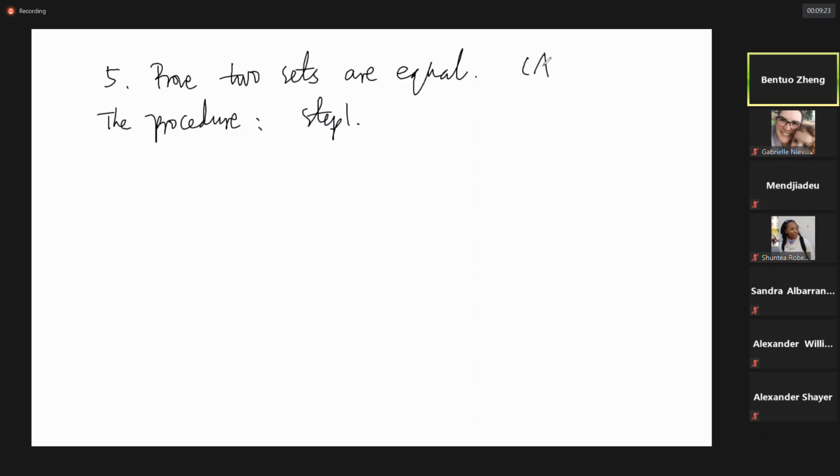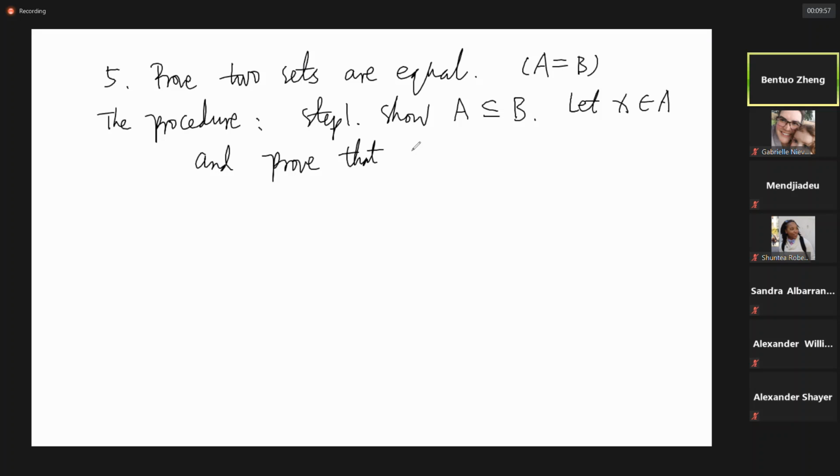Say you want to prove A equals B. Step 1 is to show A is a subset of B. To show this, you just let X be an arbitrary element in A and prove that X is in B.